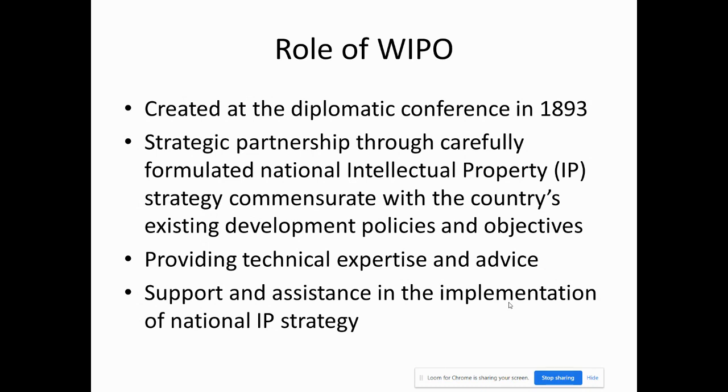So WIPO basically is a body which implements the Paris Convention and Berne Convention. And apart from that, it conducts many intellectual property rights related activities, and organizes and implements new treaties and new conventions.